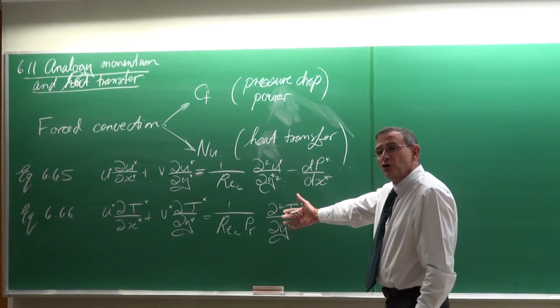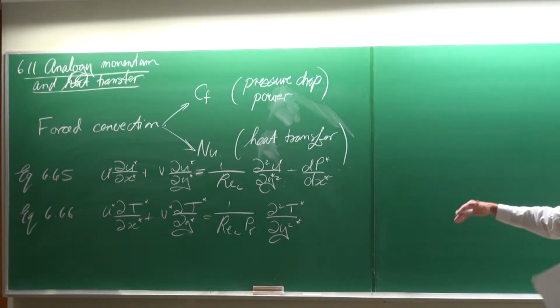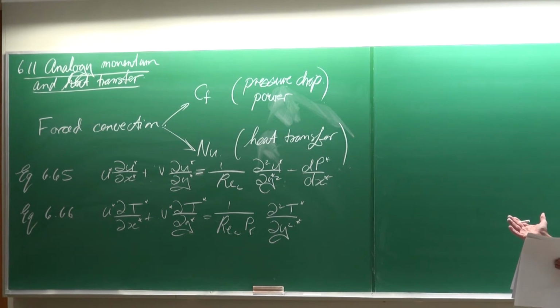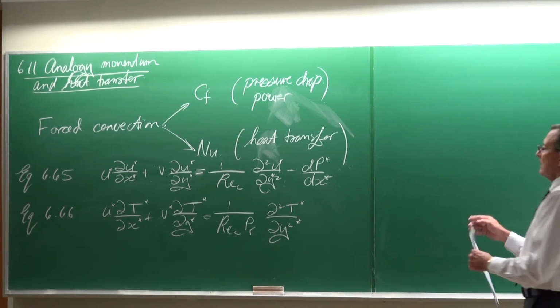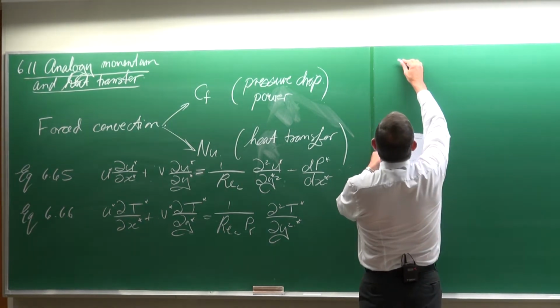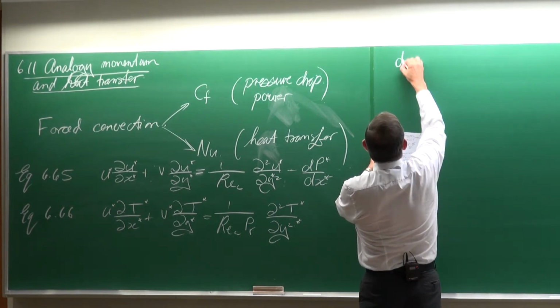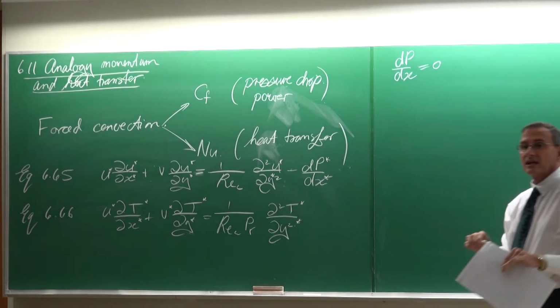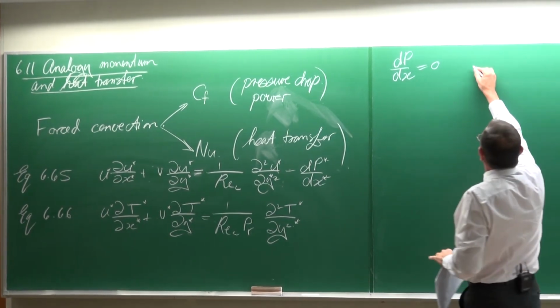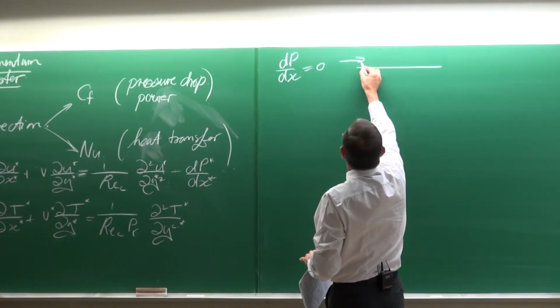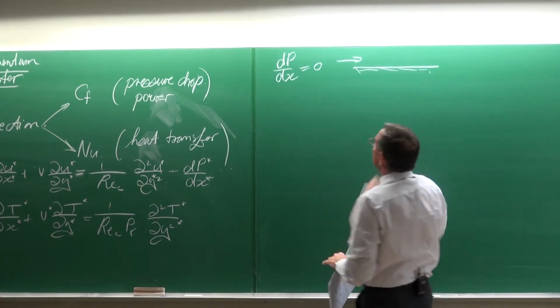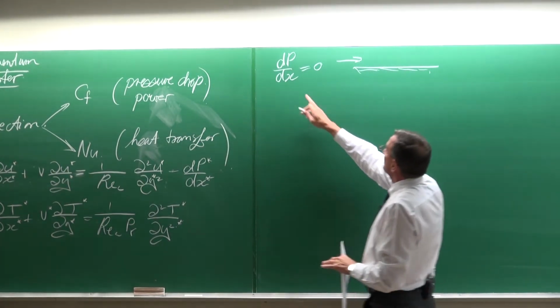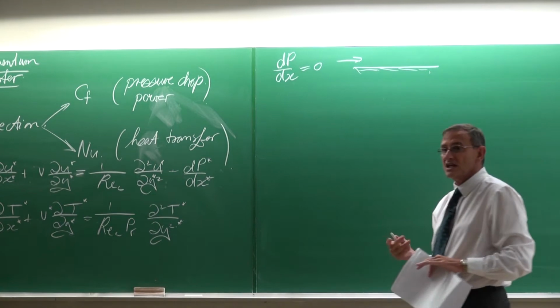Now, if you look at these two equations, they sort of look the same. If we now go and look at the cases where the dp/dx is equal to 0, and that is an assumption that is being made for a flat plate, if you've got flow over a flat plate, then normally it is quite good to say dp/dx is equal to 0.